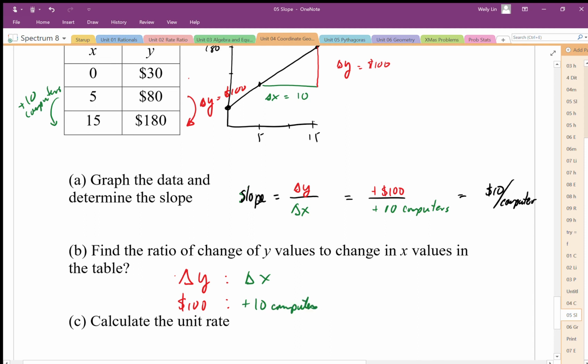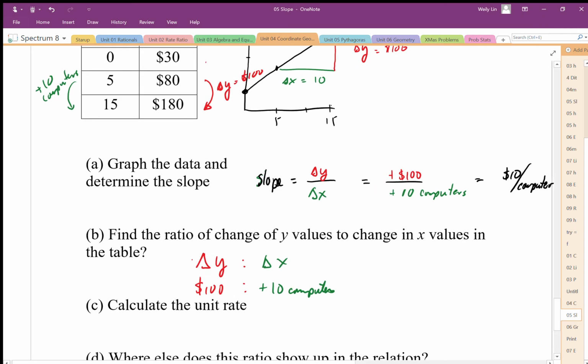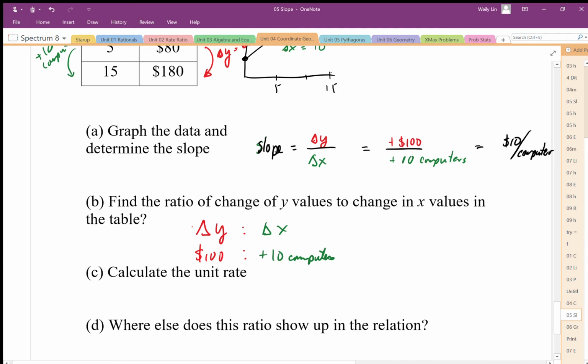We can pretty much see that ratio of change on the outside of the table really is my change in y and change in x. So this ratio on the outside represents my slope ratio. The unit rate I've already done, it's $10 per computer. Again, make sure that we have the unit. If we keep track of the units, it makes it much easier to interpret.